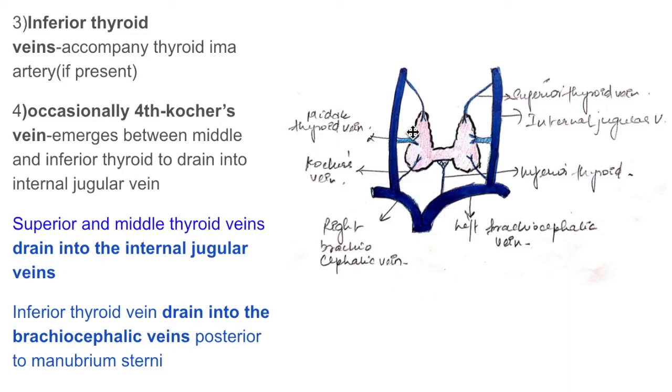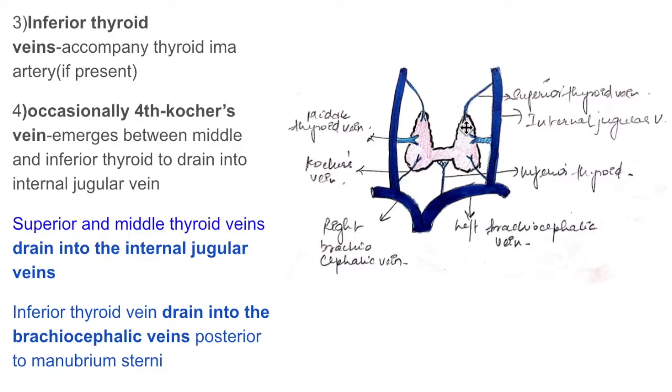So now that we have seen that it's drained by the superior thyroid vein, the middle thyroid vein, and the inferior thyroid vein, we see that occasionally it's also drained by the fourth, Kocher's vein, which emerges between the middle and the inferior thyroid vein to drain into the internal jugular.